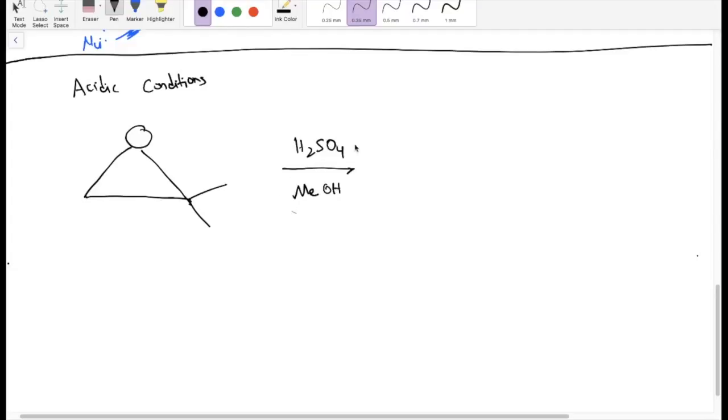The first thing that's going to happen actually in this acidic condition/mechanism, let's say, is this oxygen up here is going to be protonated first, right? So this H2SO4 is going to be protonated by one of these lone pairs. It's going to take that hydrogen, and you're going to end up with an OH with a positive charge, right?